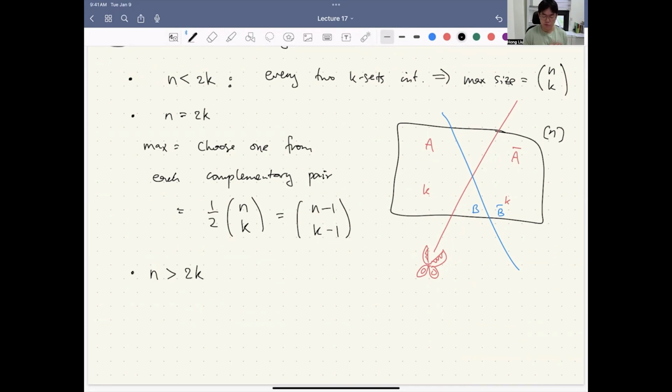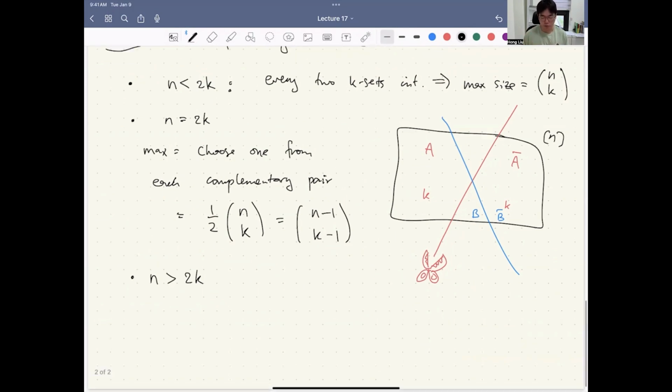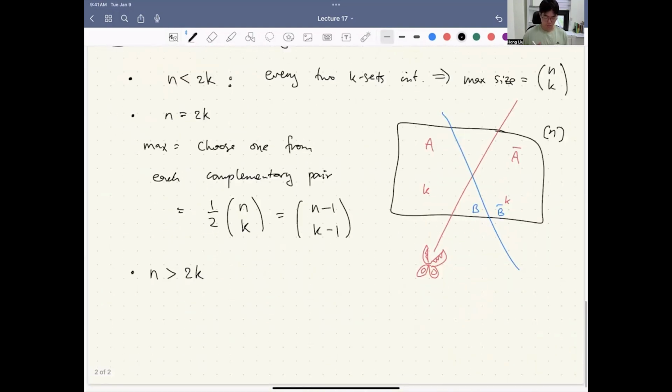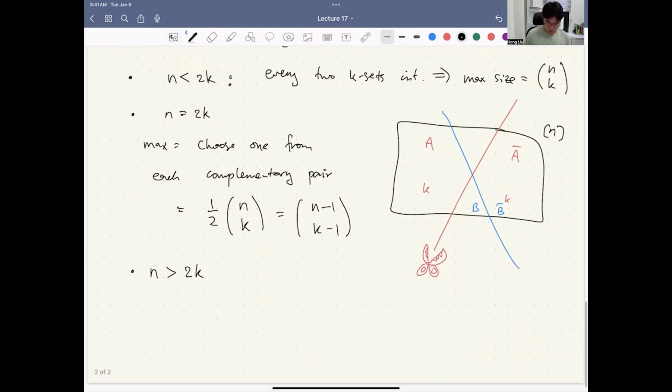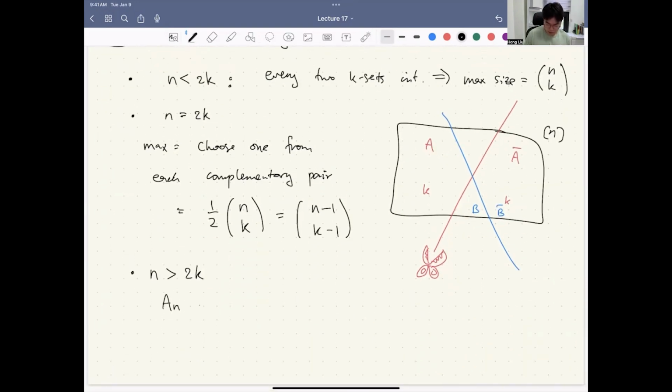In this case, let's first try to think of a large family. Let's guess the lower bound for the maximum size. So a moment of thought: if you want every pair to intersect, the easiest way is to fix an element and make sure that this element appears in all k sets. So an easy lower bound, well, I don't know if I should say easy.